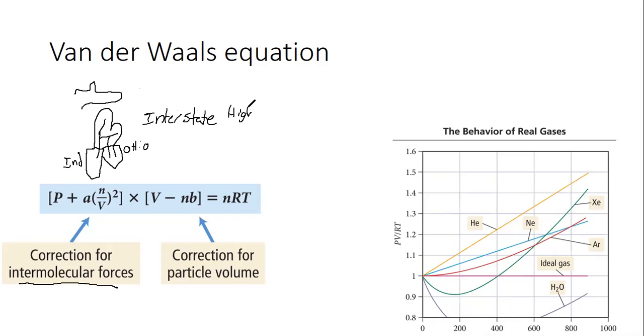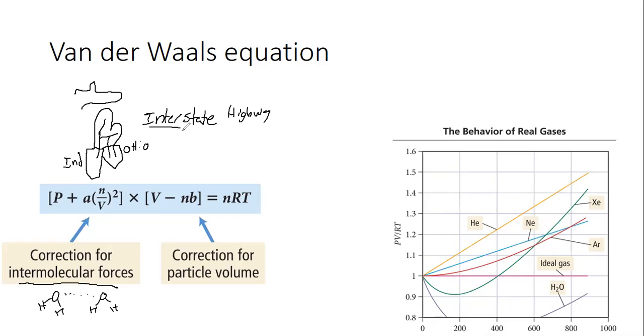So when you see the word intermolecular, what that is talking about is the forces between 2 different molecules, just like an interstate is a highway that connects 2 different states. Intermolecular are forces between 2 different molecules. So in the ideal gas law, we assume molecules don't interact.